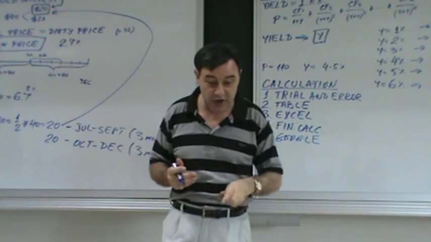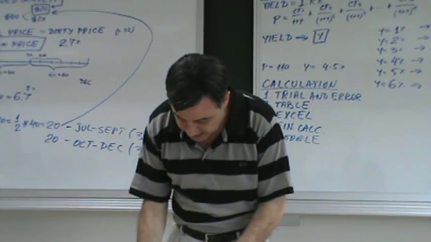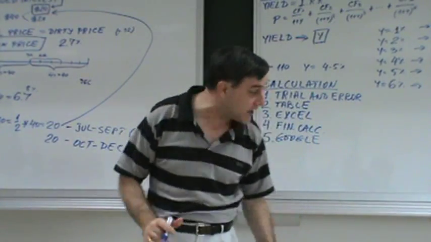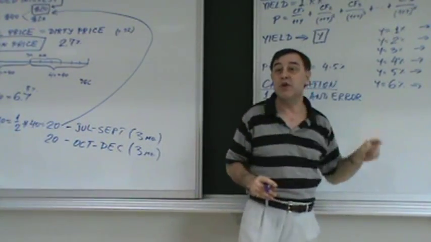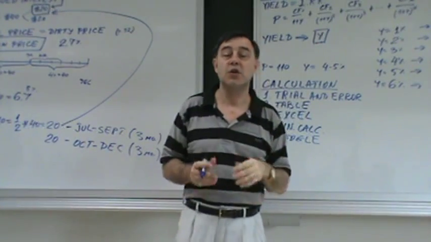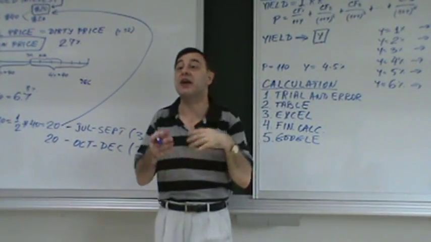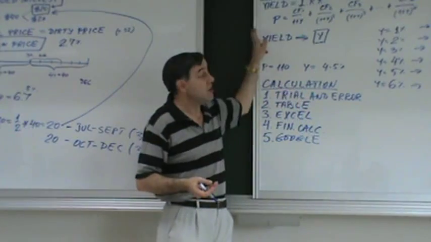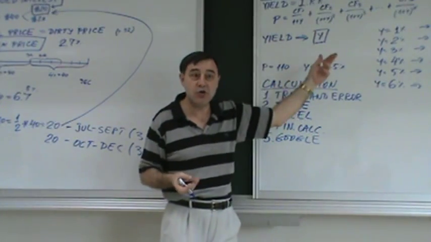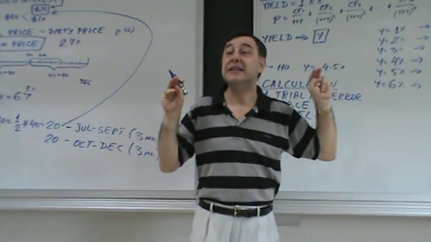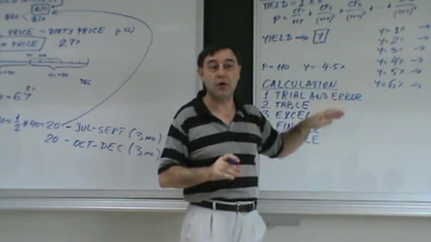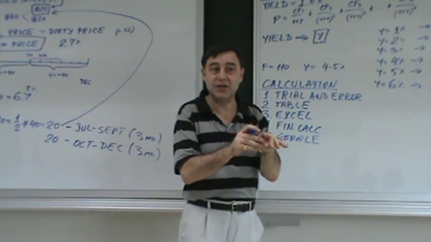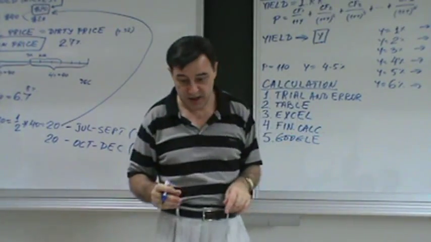So this is what the calculation is. And the special case is when you have only one cash flow. When you have one cash flow, it's a direct calculation. So you have a simple loan or what we call the zero coupon bond. The calculation is straightforward. You can use a regular calculator or just calculate it by hand.